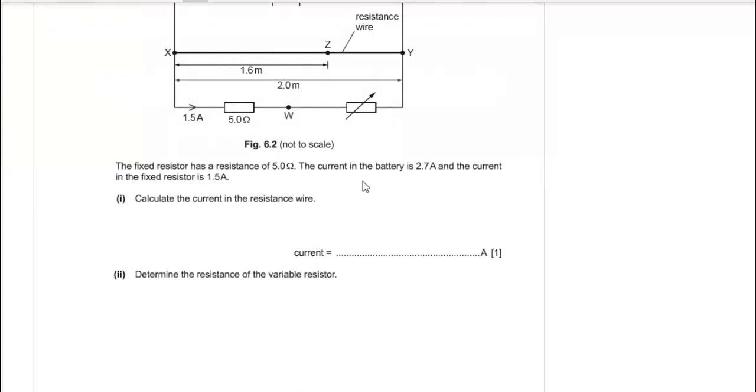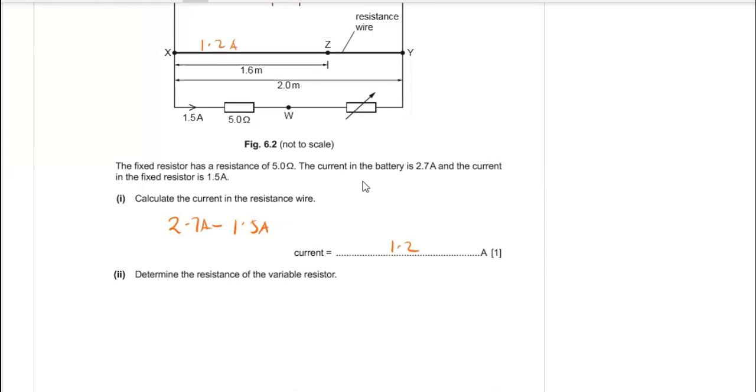That means the current along the resistance wire XY will be 2.7 minus 1.5, which gives us 1.2 amps flowing through the XY resistance wire.